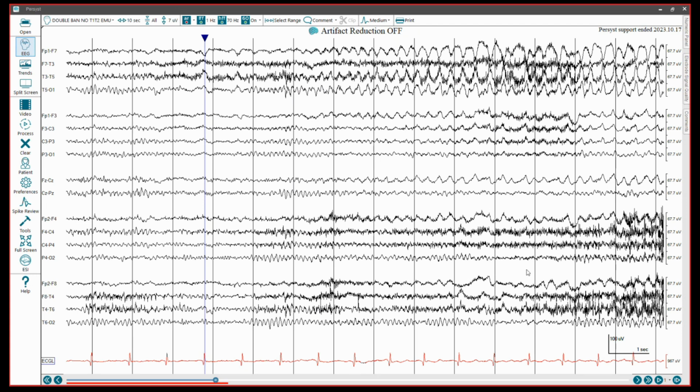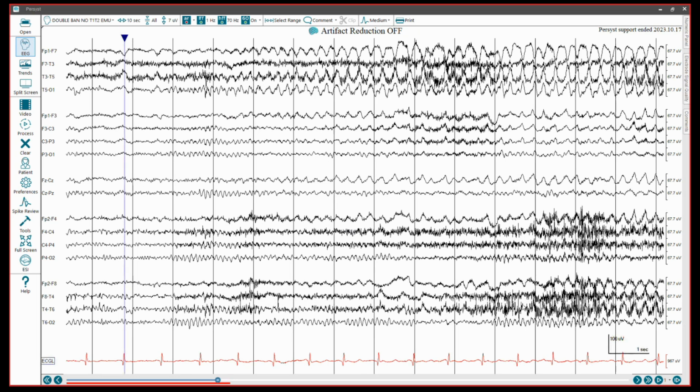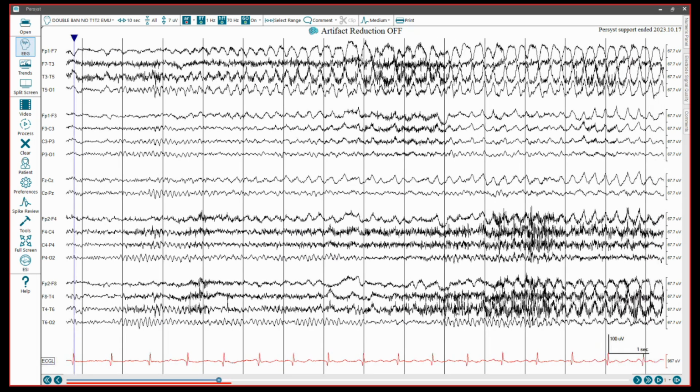And this could be sort of a cheap WADA test, a poor man's WADA test. And I say that because if a person's memory and language, let's say, is hypothetically on the left side of their brain, then with such activity here, we would expect them to not be able to remember much during this paroxysm. We would also expect them to have expressive aphasia.